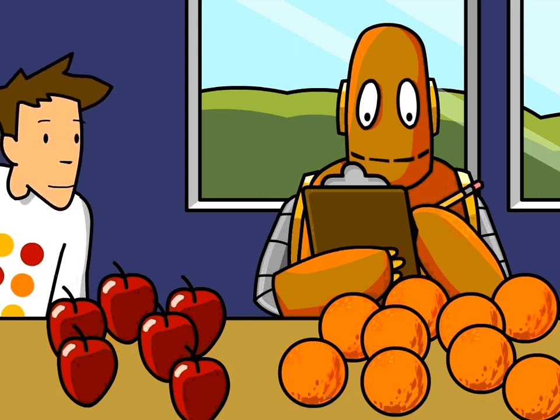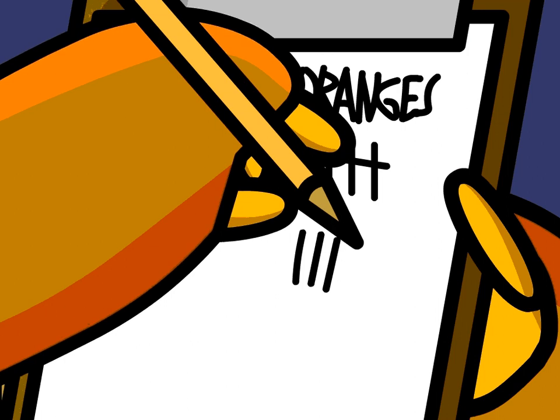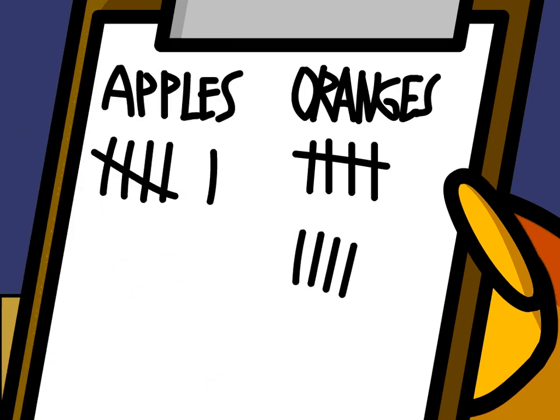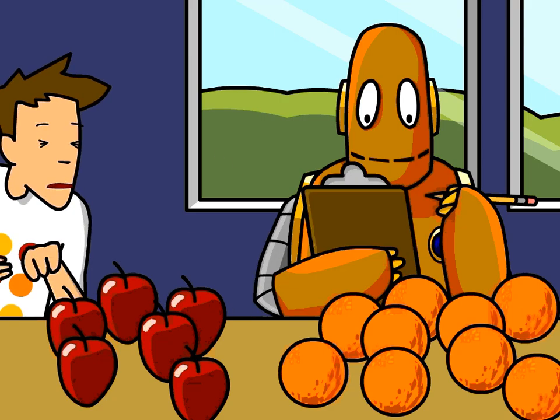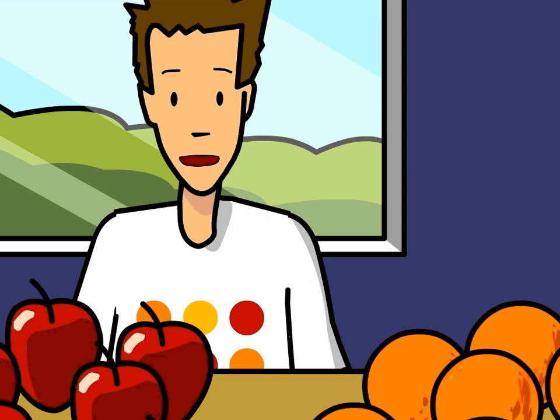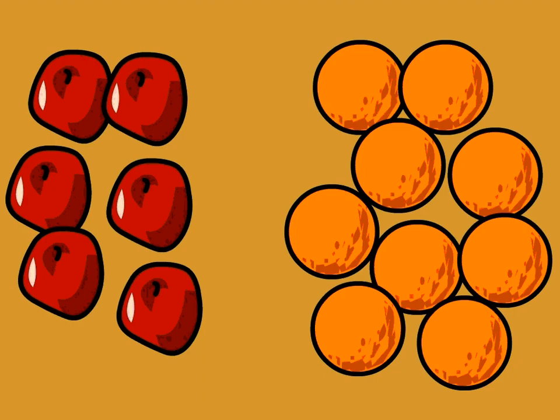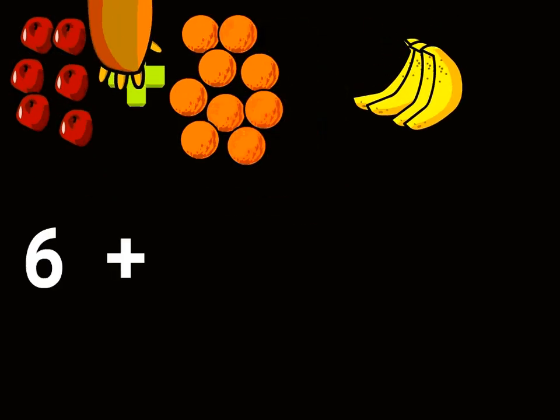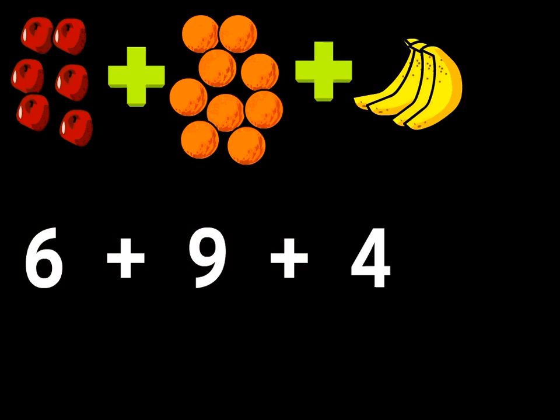Apples. Dear Tim and Moby, what's the associative property all about? From Malcolm. The associative property deals with grouping numbers and works for multiplication and addition. You may not be able to mix apples and oranges, but we can add and multiply them. Let's throw some bananas in there too. Bananas. So we've got 6 plus 9 plus 4 equals 19 pieces of fruit.